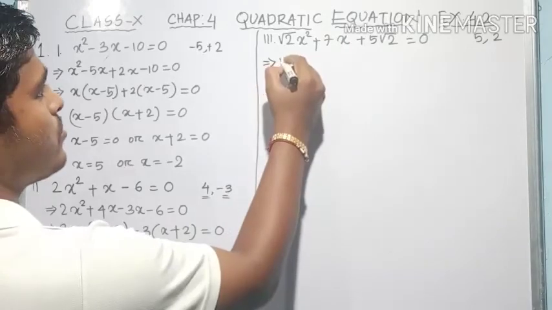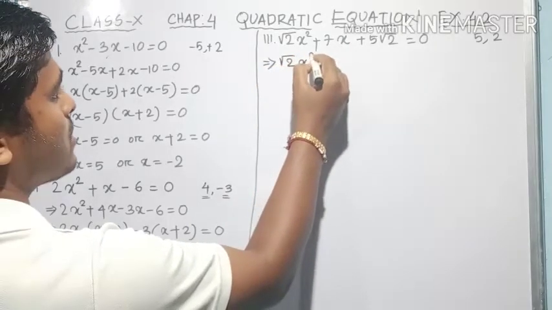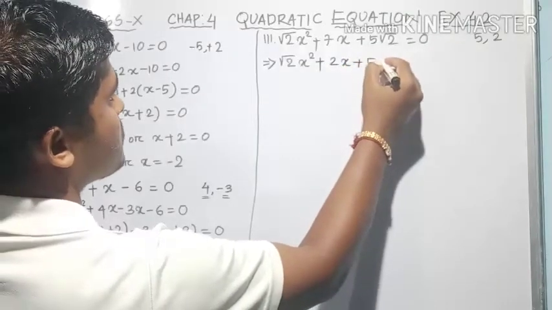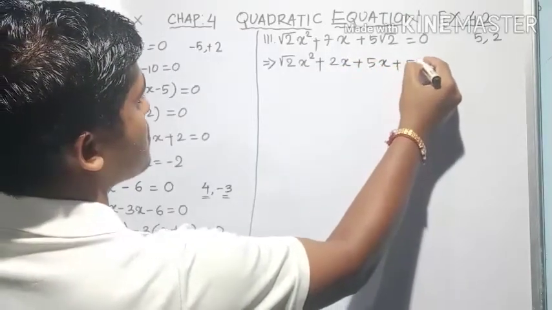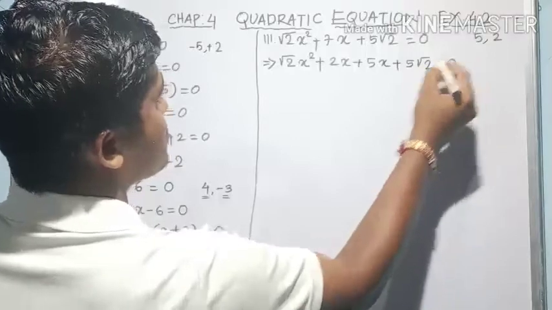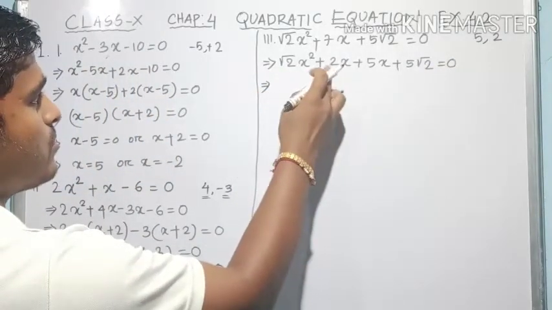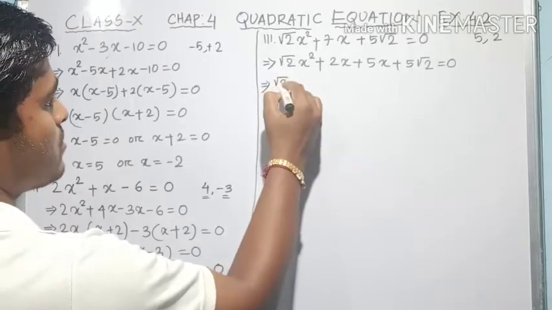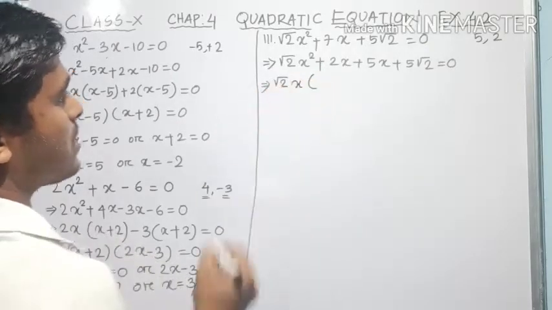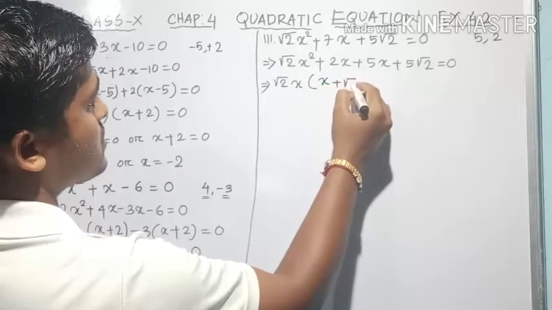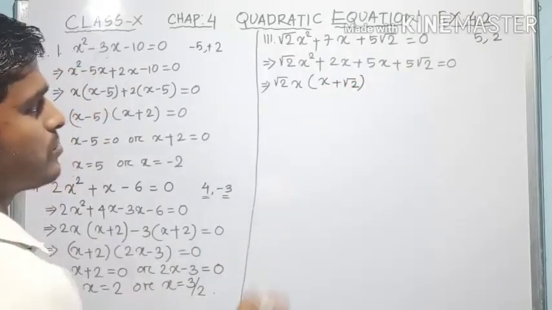So root 2 x square plus 2x plus 5x plus 5 root 2 is equal to 0. If you take root 2x common, then here we will get x plus root 2.